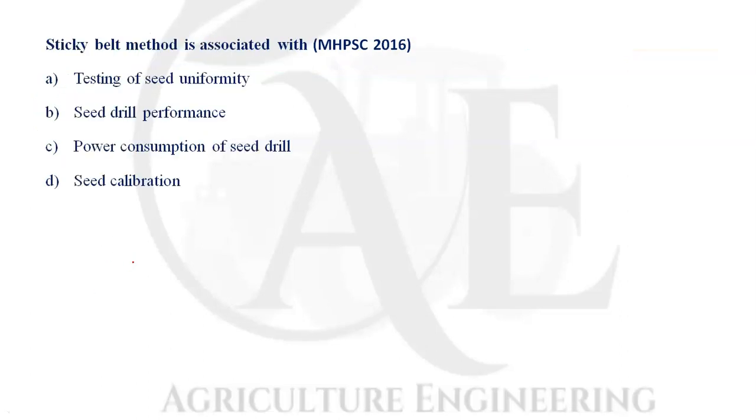Next question. Sticky belt method is associated with. So sticky belt method is associated with seed drill only. It is associated with testing of seed uniformity. This testing of seed uniformity can be divided into two types.